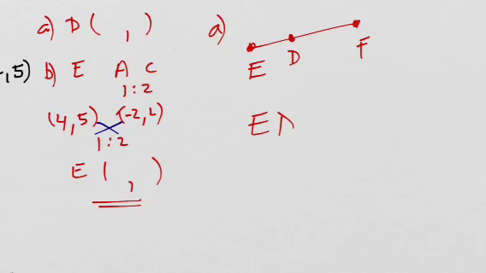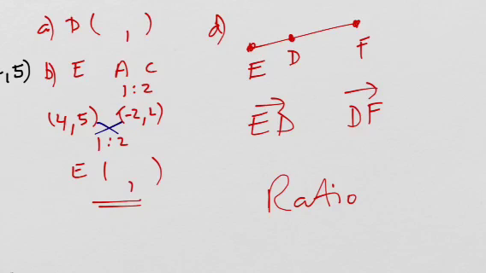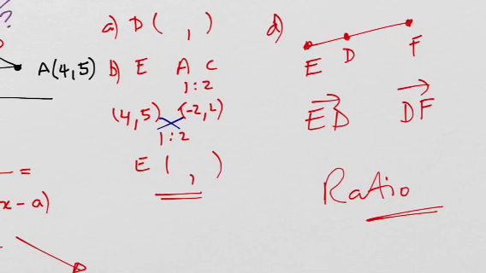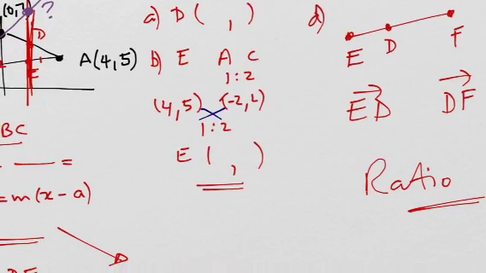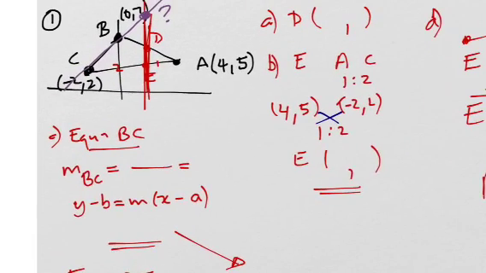So if you work out E to D, and then you work out D to F, there should be some connection between them, and then whatever the connection is, that's going to be the ratio. Right? It's quite complicated, quite long, but hopefully you'll get there. And that should be the answer to question 1.